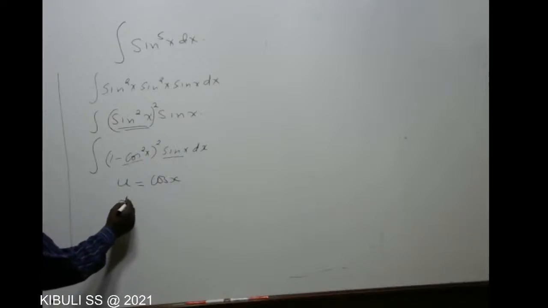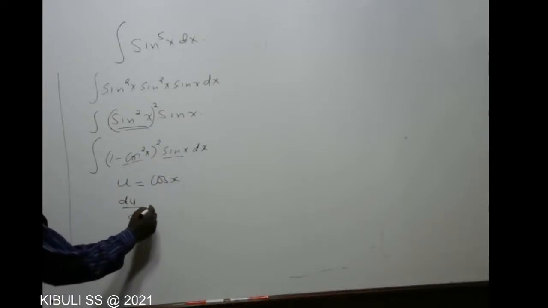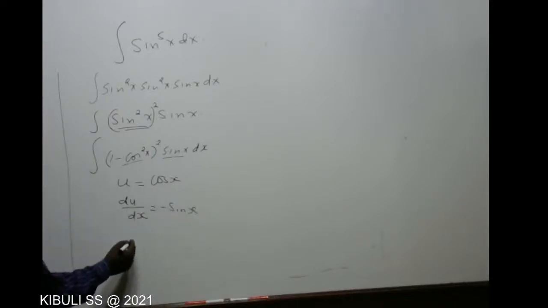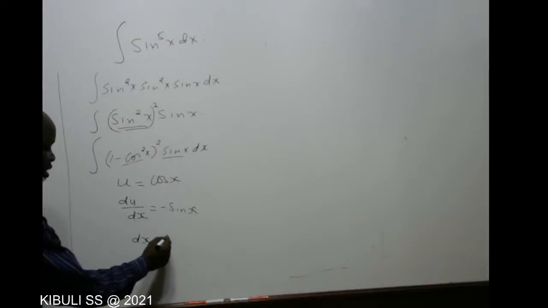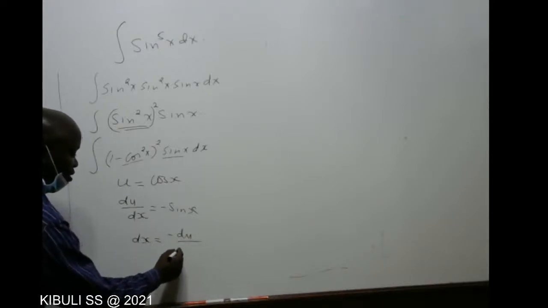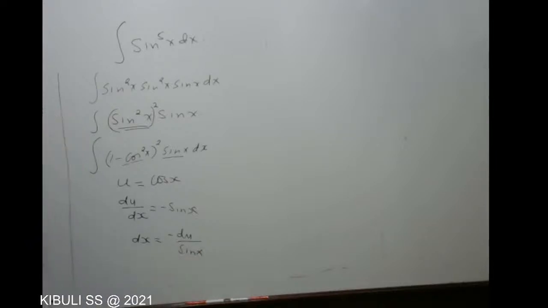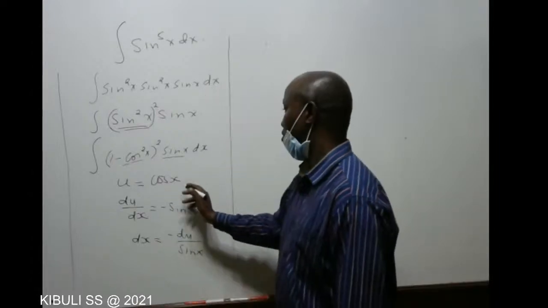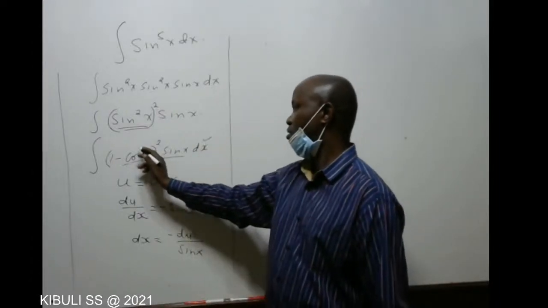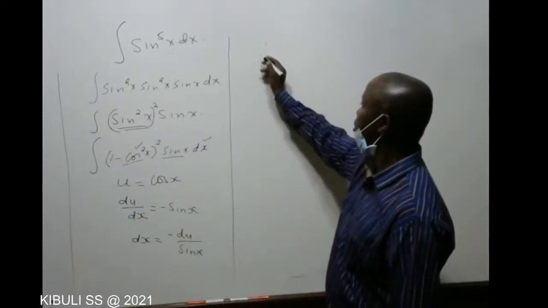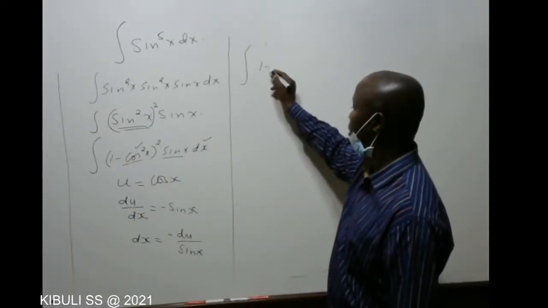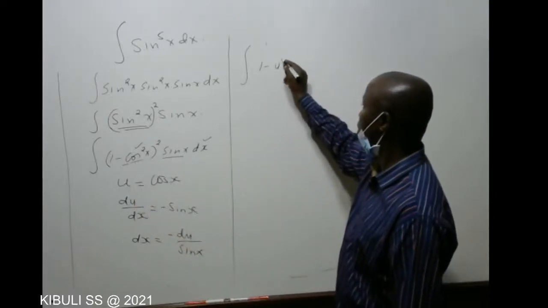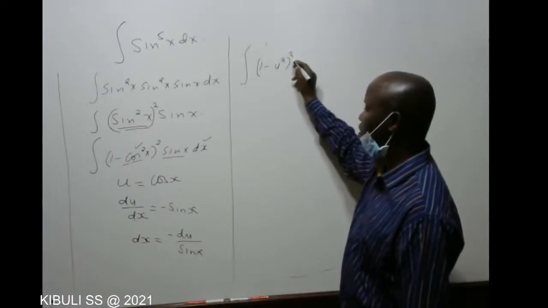Differentiate du over dx, then you have this answer. You get negative sin x. Make dx the subject. Our dx is equal to negative du over sin x. We substitute for only the derivative and the function. So we now have an integral of 1 minus, with the function as u, so this becomes u squared, again squared.